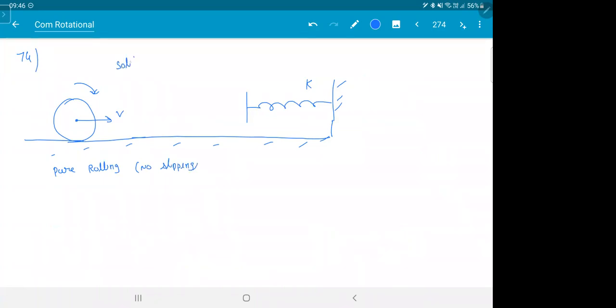Solid sphere, m and R. So this will hit the spring and stop finally. Ball hits the spring and stops. Find max compression in the spring.